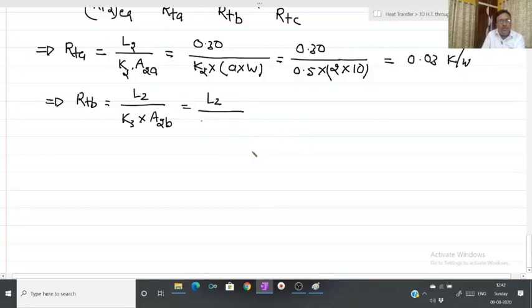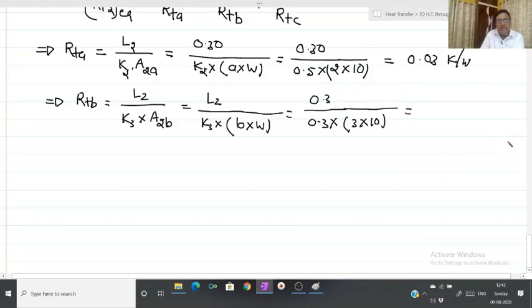So L2 over K3, with area normal to heat flow being height B into width W. The thickness is 0.3, its thermal conductivity is given as 0.3, the height is given as 3 and the width is 10. So this value comes out to 0.033 Kelvin per watt.